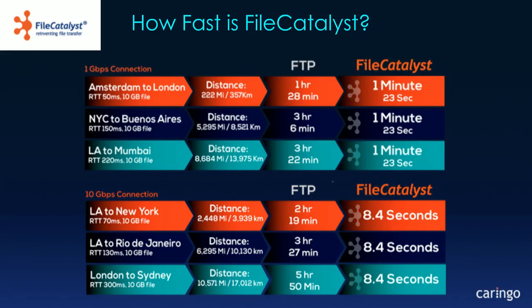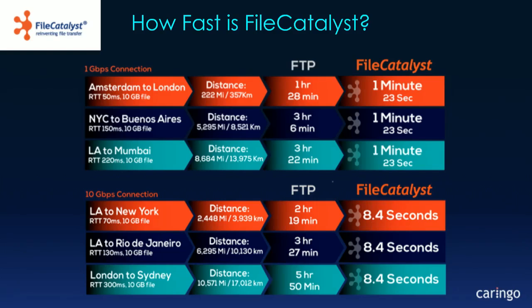The third case here, transferring a 10 gigabyte file from LA to Mumbai, you have a latency of about 220 milliseconds. FTP takes about 3 hours and 22 minutes, whereas FileCatalyst takes a minute and 23 seconds. So this goes to show you that, regardless of how far the two endpoints are, we're immune to that latency, and we can transfer that file in the same amount of time throughout.